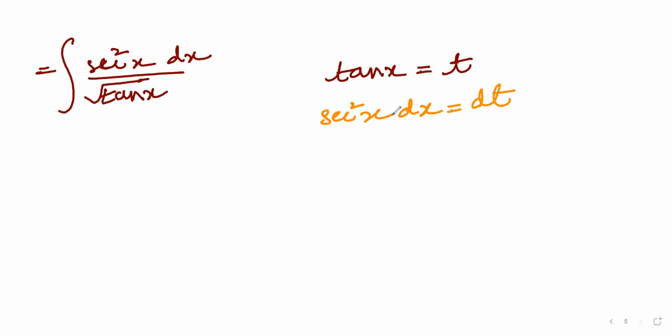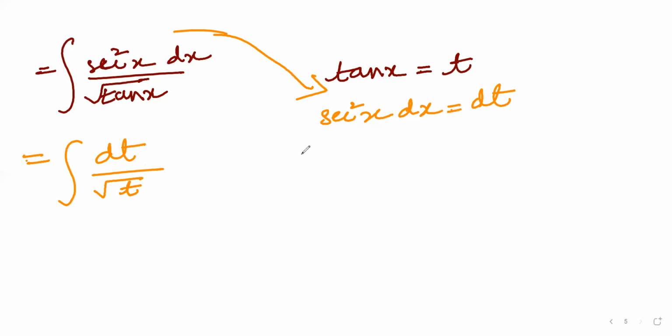Yes. And that's what I have in the modified integrand, in the numerator, isn't it? So the integral of secant square x dx is dt, upon what? Tan x is t, no? Root of tan x is root of t. What is the integral of 1 over root x dx? Standard integrals. Yes.